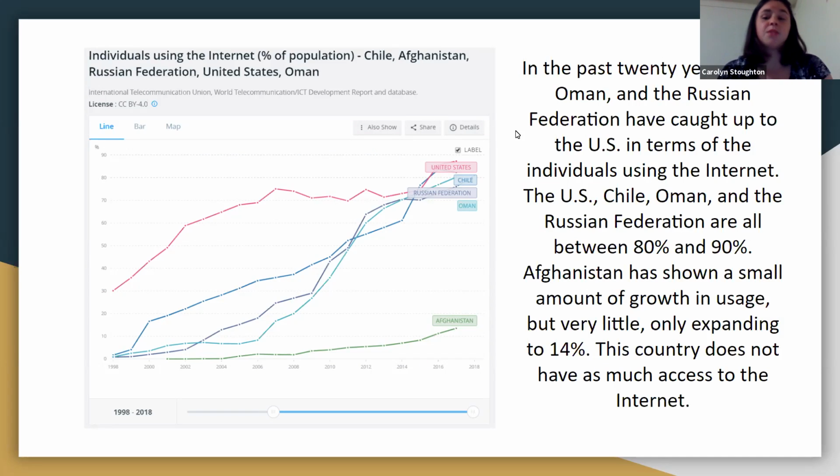However, Afghanistan is still pretty low and does not show the same growth, especially because it's about 14%. This shows that they do not have as much access to technology, which limits their ability to access things like Google, some social media sites, etc., whereas the other four countries are having a steady increase and giving more of their population the ability to use the internet.